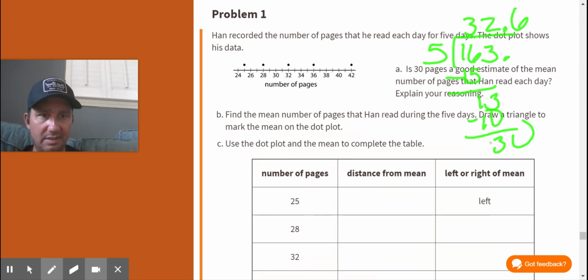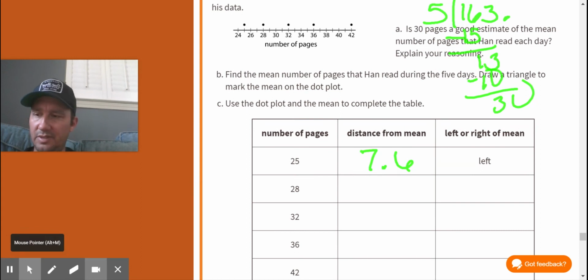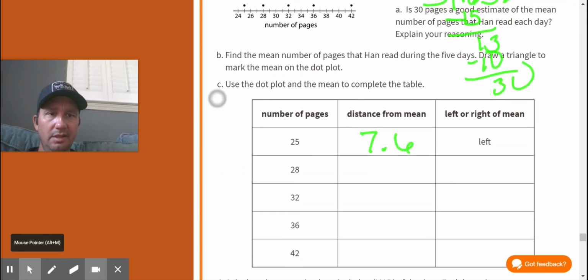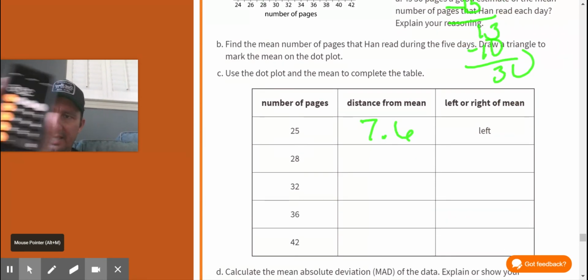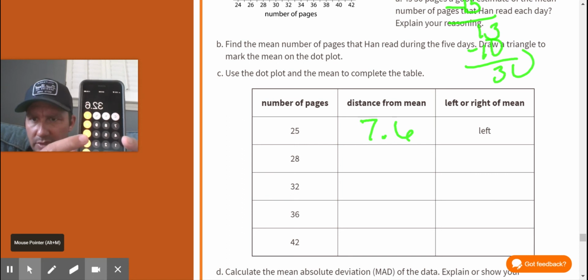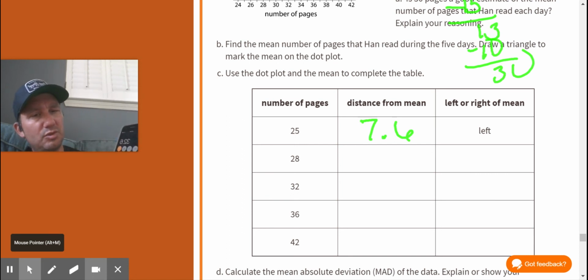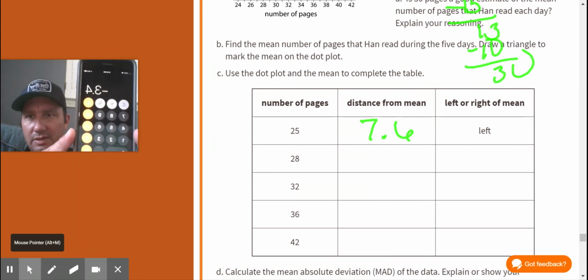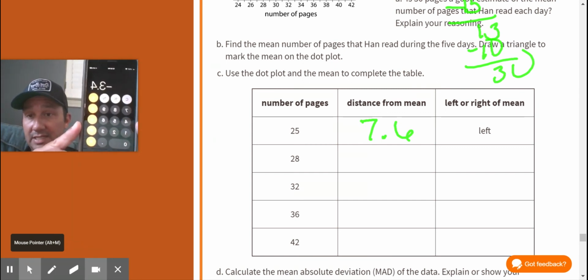So I'm going to put that, the distance from the mean right here is 7 and 6/10. And even if you have a number that is larger than it, I still put in the mean first. The mean being 32 and 6/10, right? And then I am going to still subtract, let's say we're going to do the 36. Even though that's a negative number, I know that that's how far away it is.